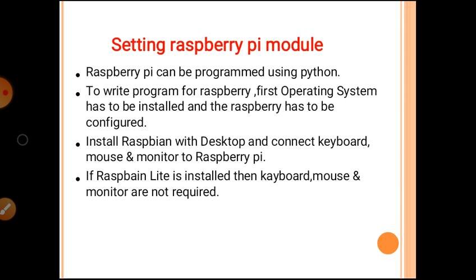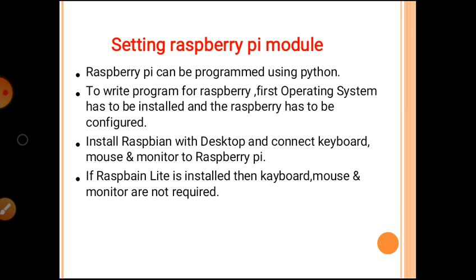Now we see here the setting up of the Raspberry Pi module. The Raspberry Pi module can be programmed using the Python language. To write a program for Raspberry Pi, first an operating system has to be installed, and then the Raspberry Pi has to be configured. Install the Raspbian operating system with a desktop and connect keyboard, mouse as well as monitor to the Raspberry Pi board.